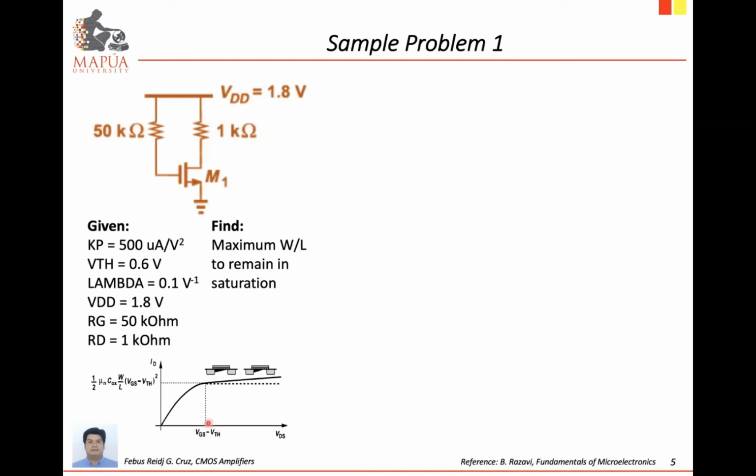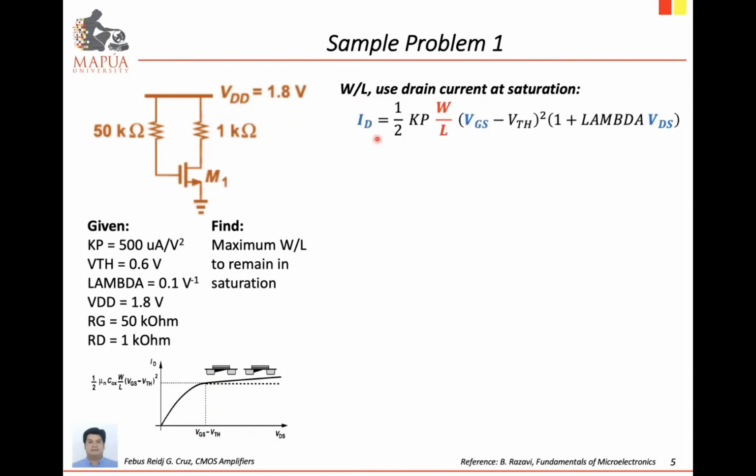We can use the drain current at saturation to determine the size, the W over L. So ID equals 1/2 Kp W over L times VGS minus VTH squared times 1 plus lambda VDS. So we can compute for the W over L.